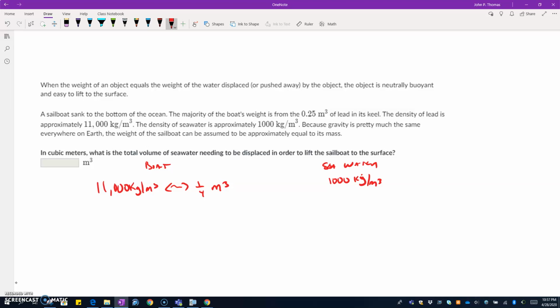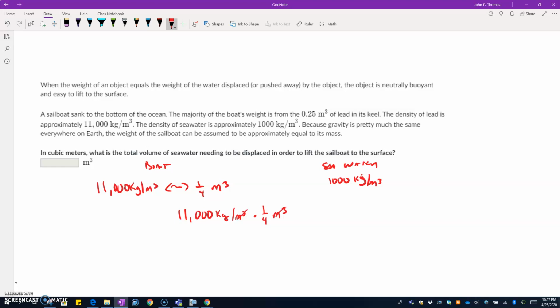All right, so the first thing that we're going to have to do is find out how to connect these two pieces of information. If I look at this first one, I have 11,000, and that's kilograms per meter cubed. Then I have a meters cubed. So if I multiply by the 1/4 meters cubed, my meters cubed would cancel.